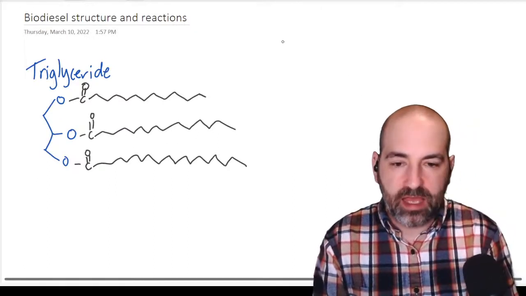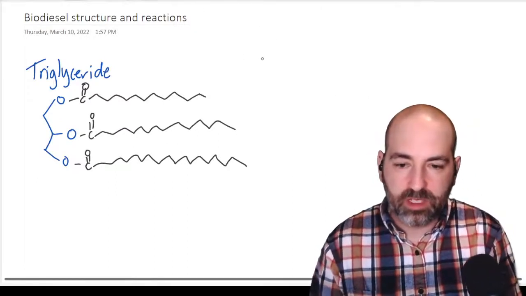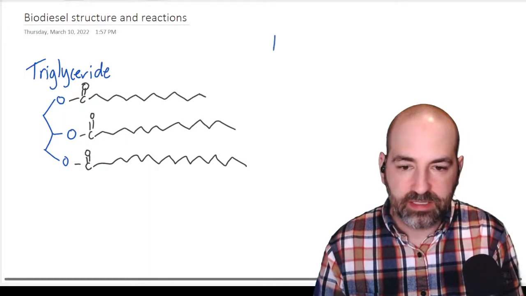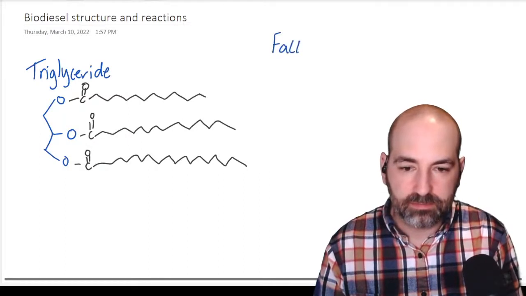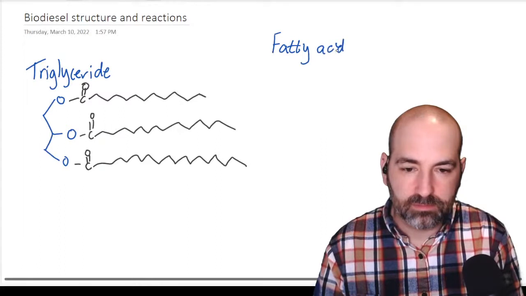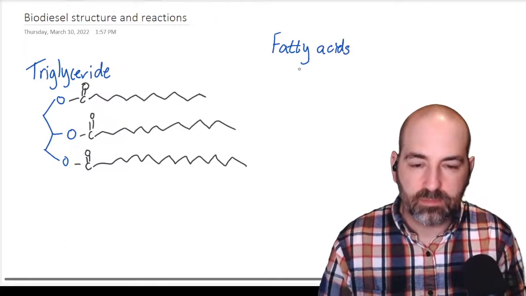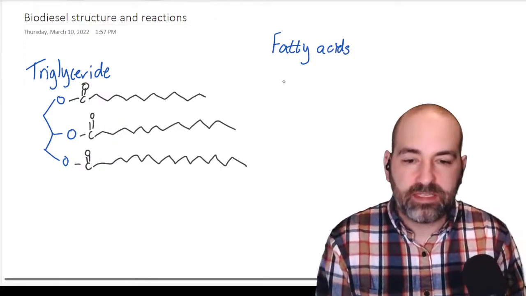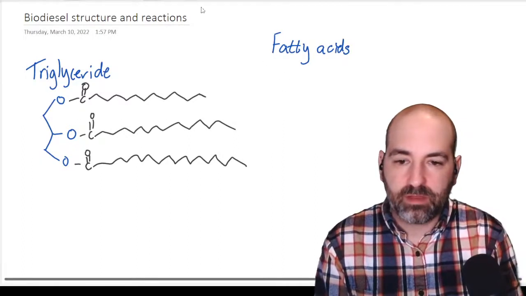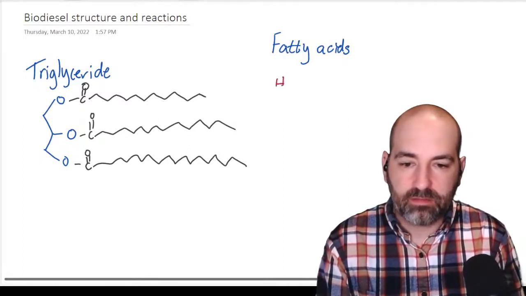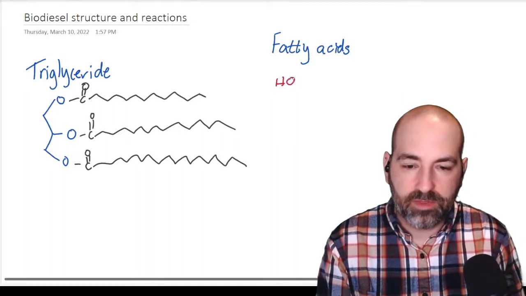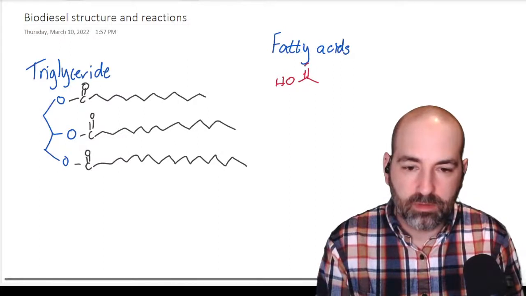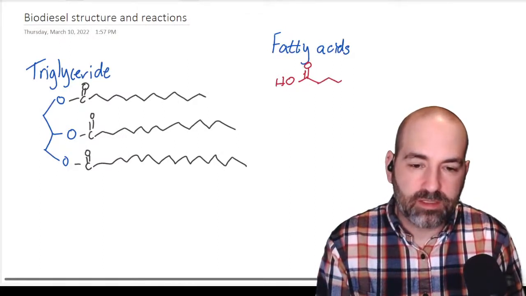Now, just as an aside, we should also discuss the structure of fatty acids. Fatty acids are molecules that look something like what we just drew, if we're thinking about just the discrete molecule, then it's something like this.